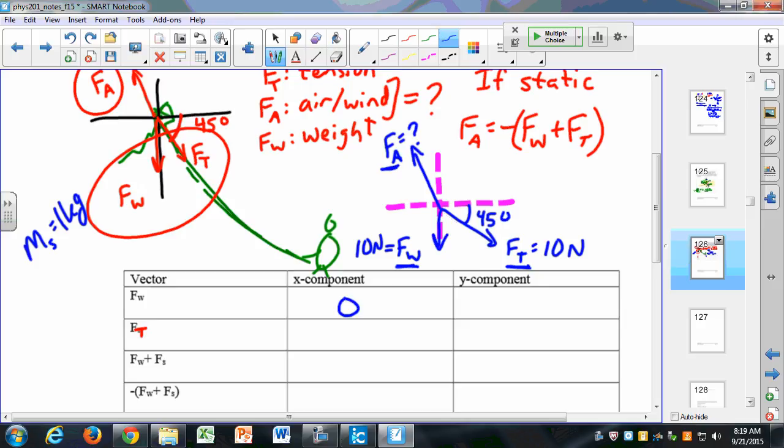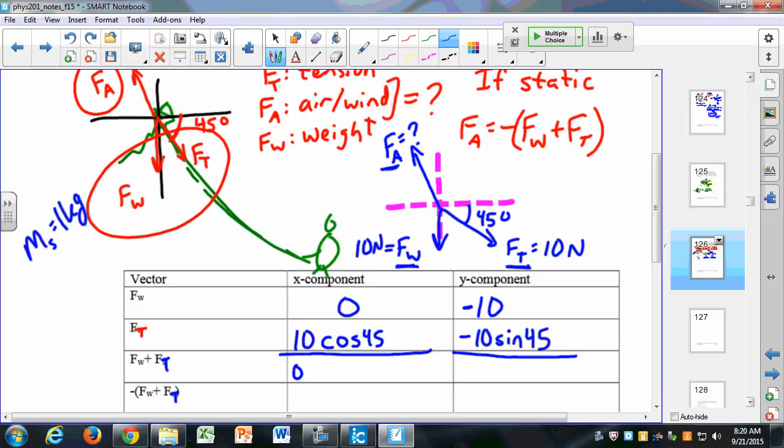Fw, the x component is 0, y component is 10. It's actually negative 10 because it's pointing down. Ft, I used S here, I'll use T throughout. The tension in the string, the x component is going to be 10 cosine of 45 and the y component negative 10 sine of 45. And then if I want to add up these two, I just add up these two quantities.